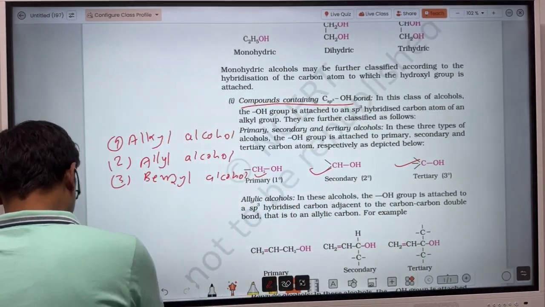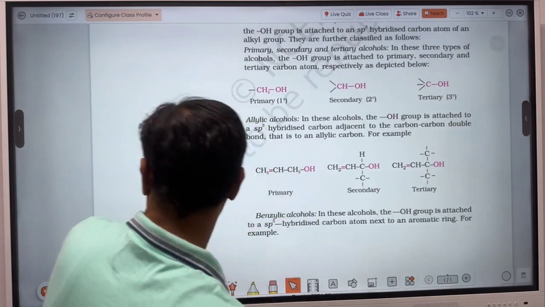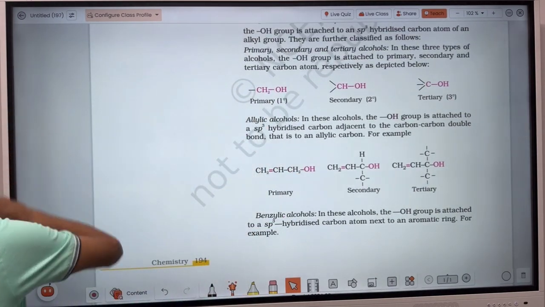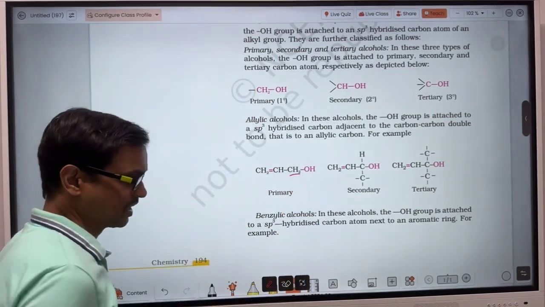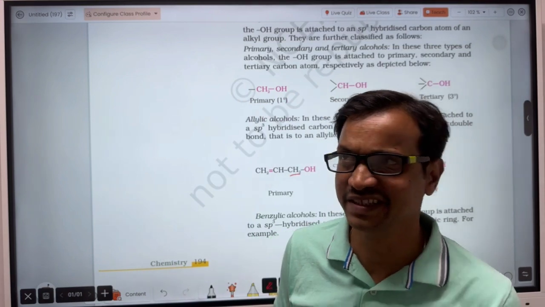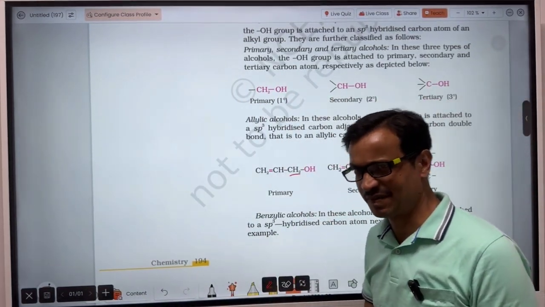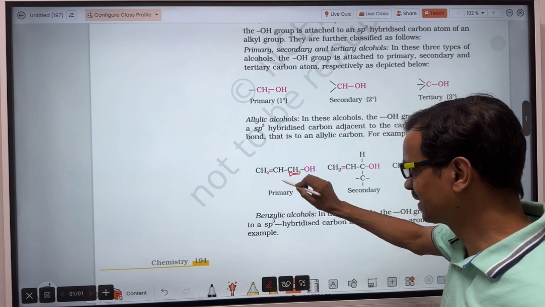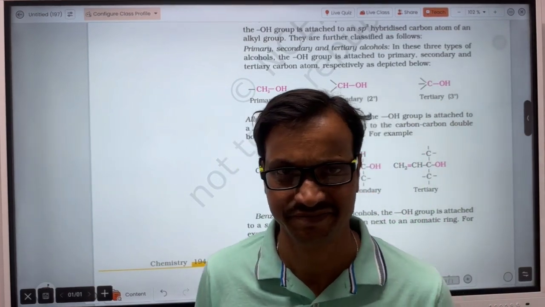Now let's see allyl alcohol. What is an allyl group? We have discussed that in an allyl group there is a carbon atom whose hybridization is sp3, meaning it forms only sigma bonds, but that carbon is bonded to an sp2 hybridized carbon.